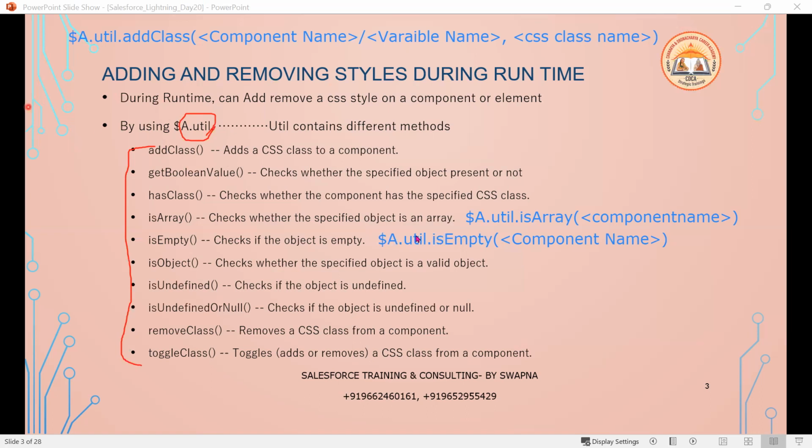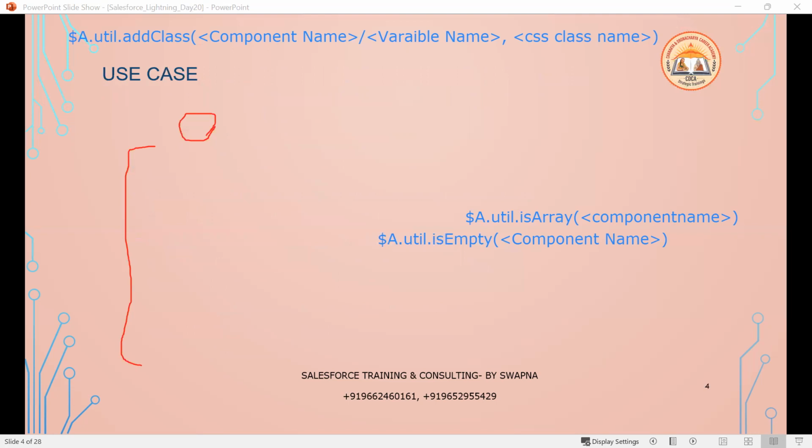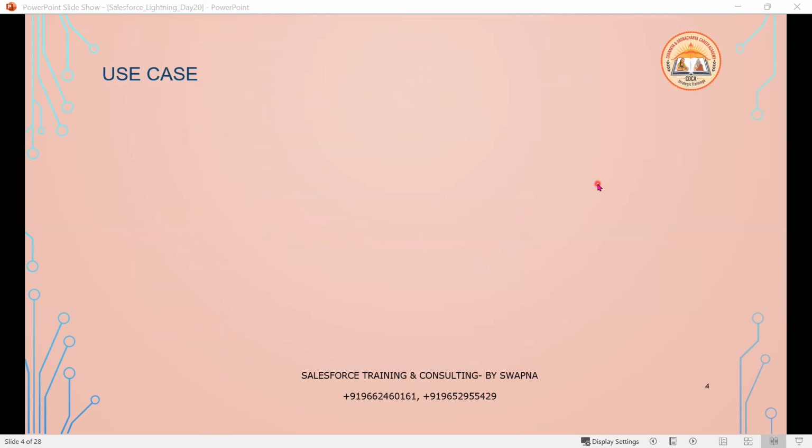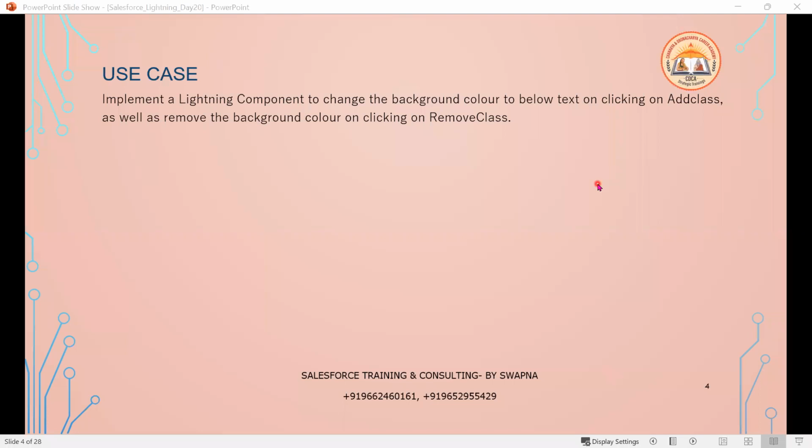Okay, so let's take a use case. Let's assume we implement a lightning component to change the background color of the text below, on clicking an add class button, as well as remove the background color on clicking the remove class button. Assume this text is there, you can add any text, and below there are 2 buttons: add class and remove class.